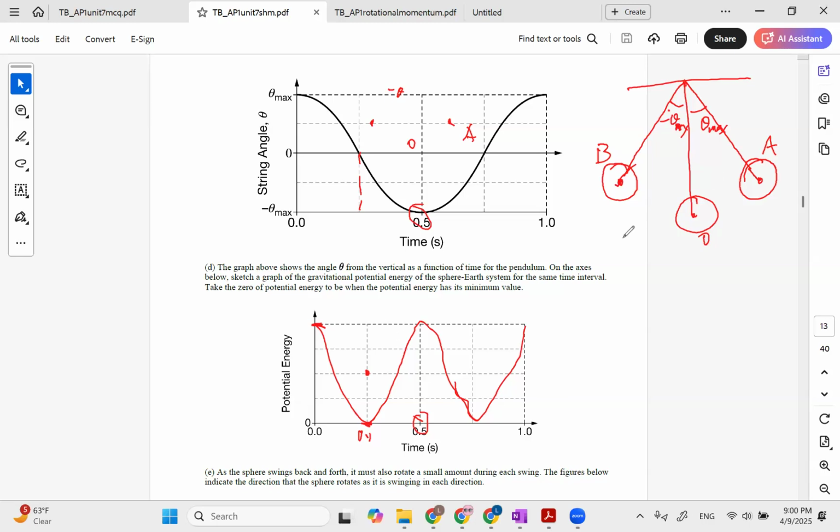Got it? So you are realizing in this situation, potential energy cannot be negative, right? Because at the lowest point potential energy equals 0, right? Does it make sense to you?